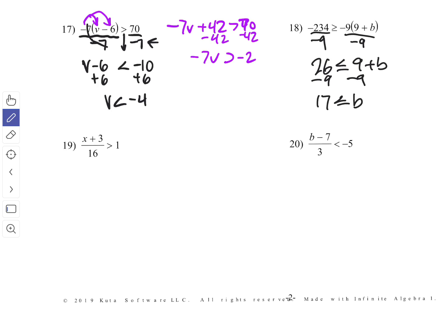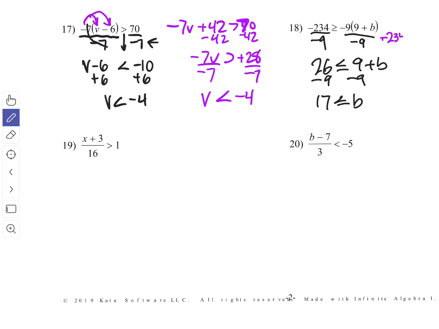Oh crap, that was 70, not 40. Why did I write 70? Something's not looking right here. So that would actually be a positive 28, wouldn't it? That looks much better. Then divide by negative 7. Because I divided by a negative 7, I get v equals negative 4.